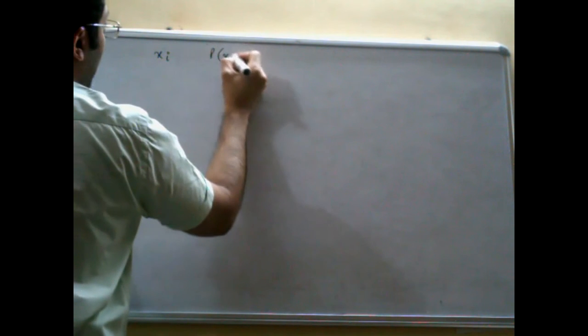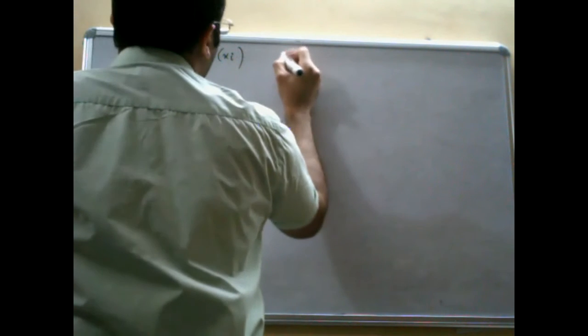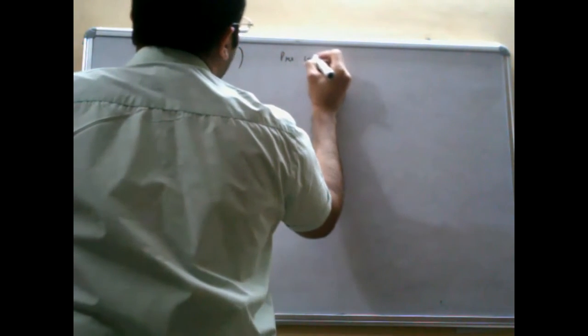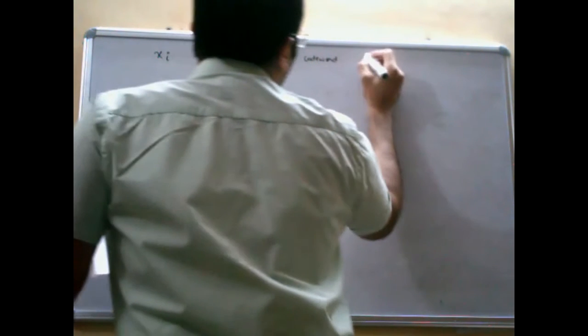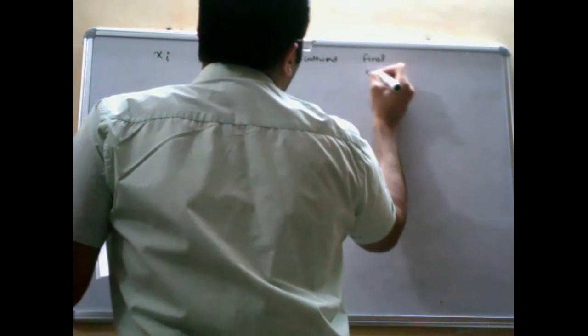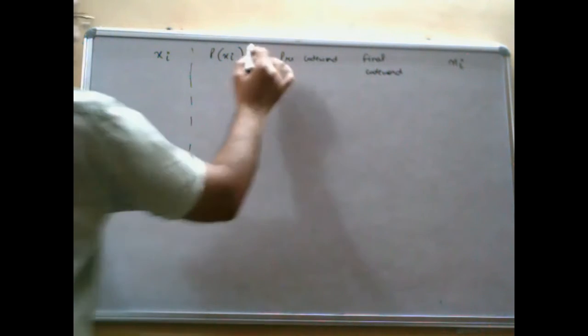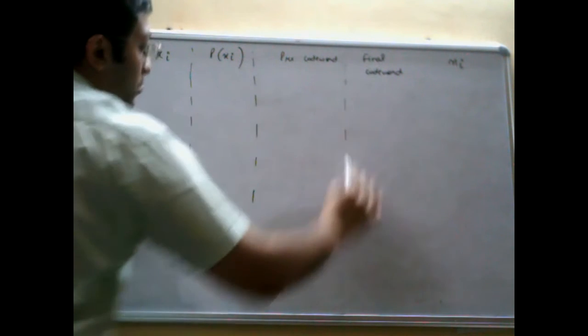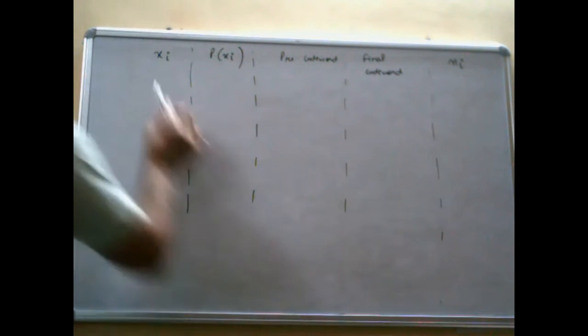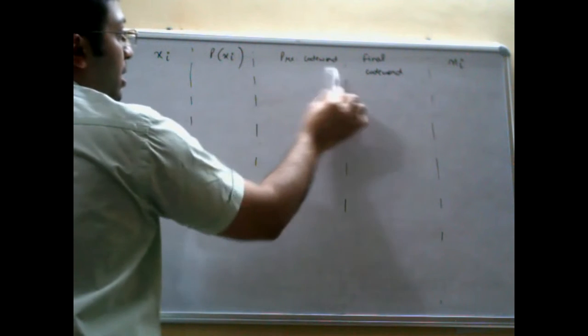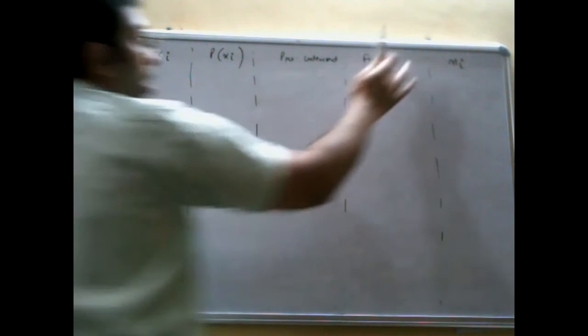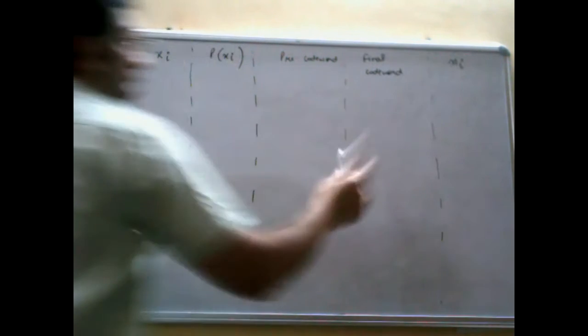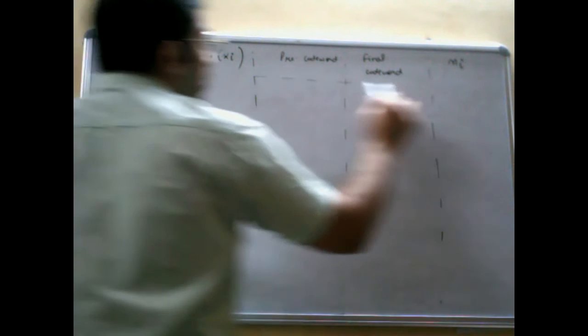First you will write symbol, then the probability of occurrence, then the preliminary code word, then the final code word, and then N of I. XI, P of XI, preliminary code word, a temporary code word, the final code word, and N of I. I'll tell you what it is.